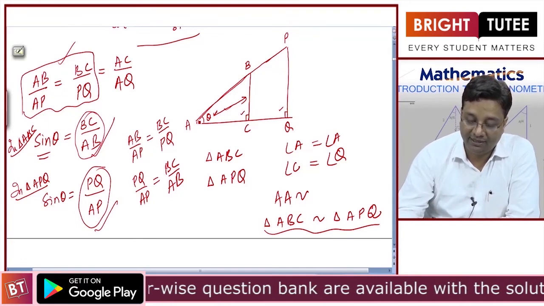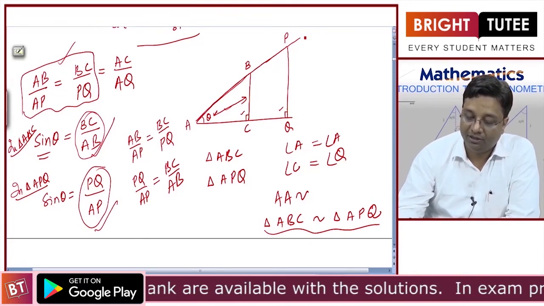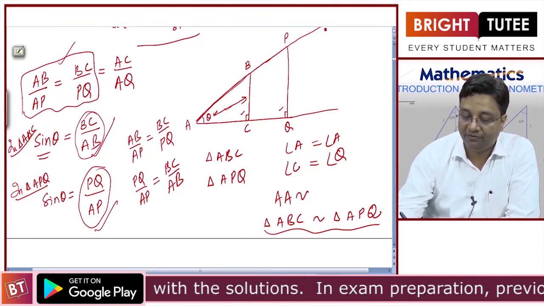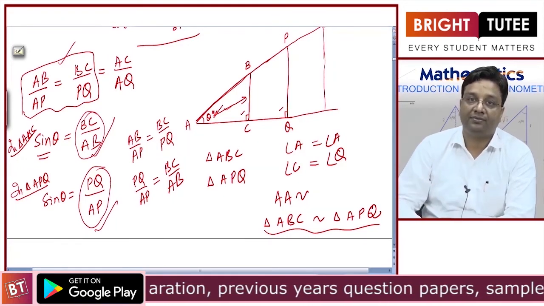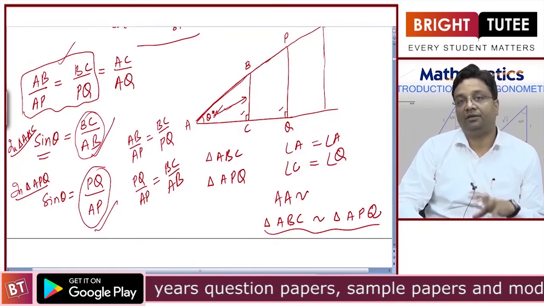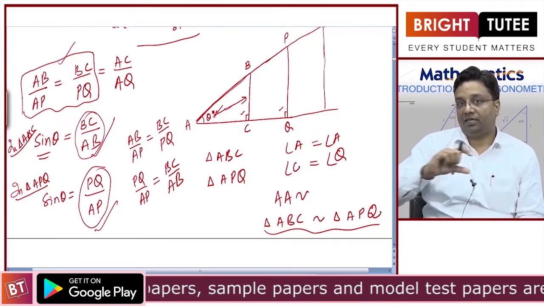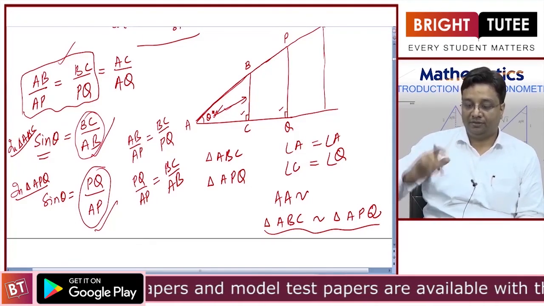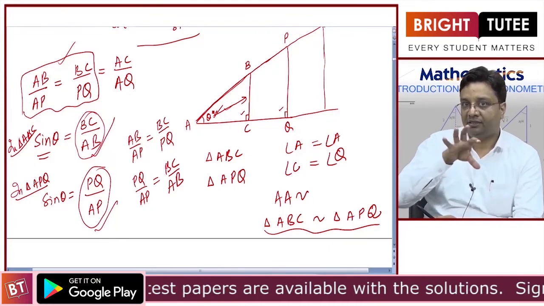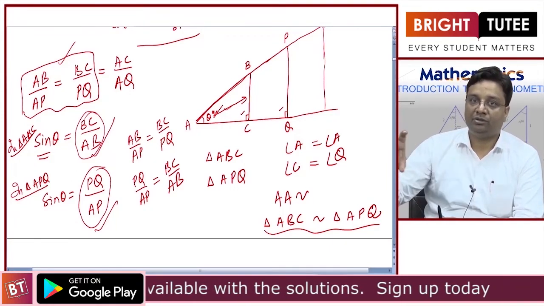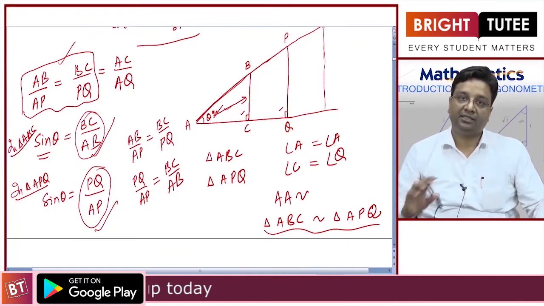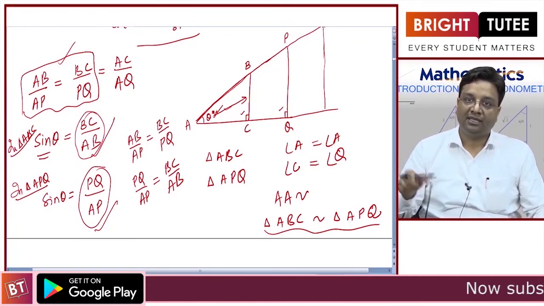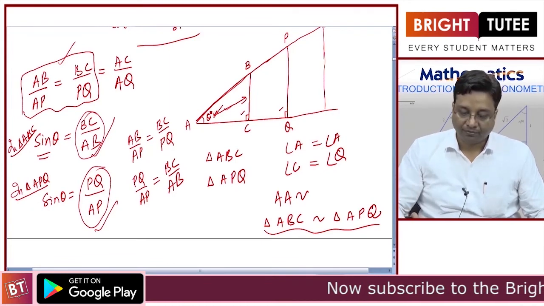So these sides can be extended to any length. It won't make a difference to the trigonometric ratios of angle theta. Sin theta, cos theta, tan theta will remain the same for all the triangles that you can make by extending these sides in the same ratio, right? Because these triangles will always be similar triangles and the ratios will be equal.